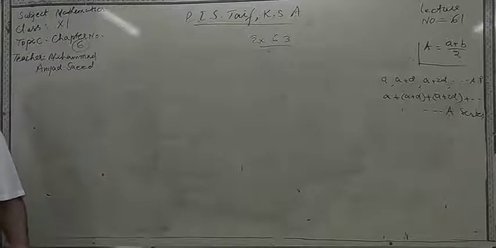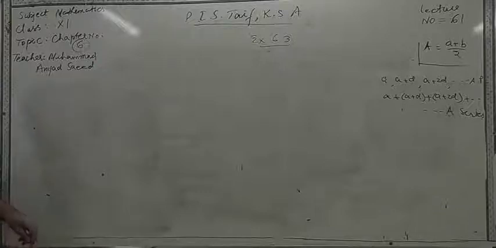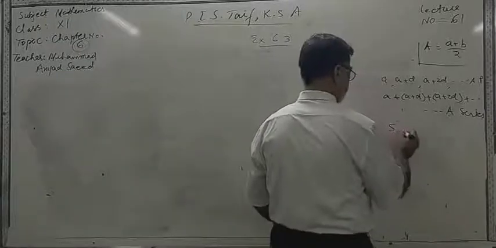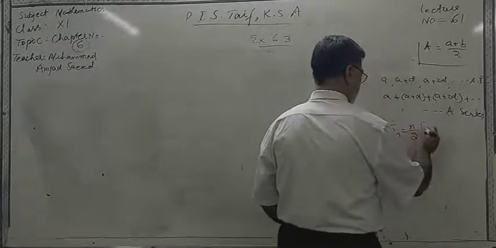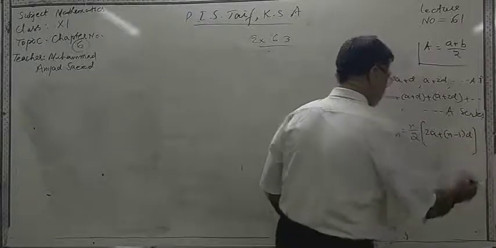Dear students, before we start our next exercise, I want to give you the idea about the sum of arithmetic series formula. Sn is equal to n by 2 into (2a plus (n minus 1) into d).